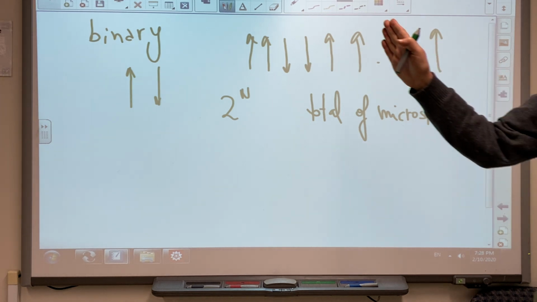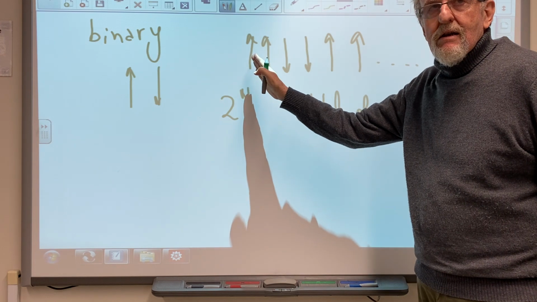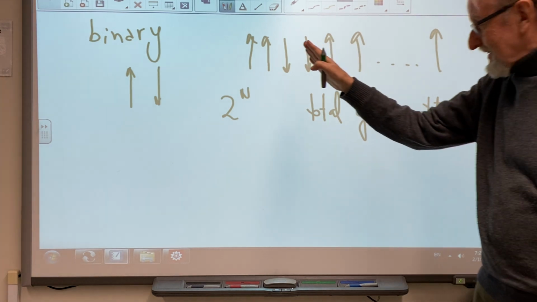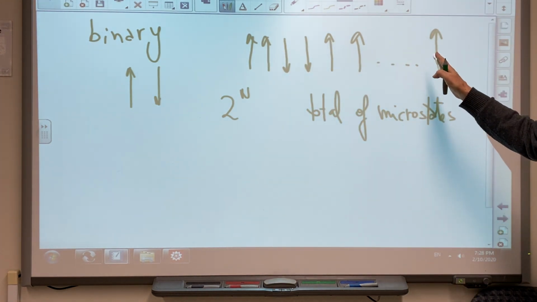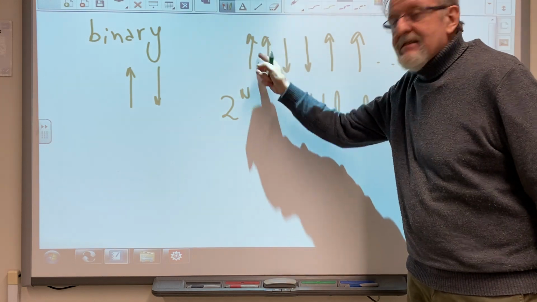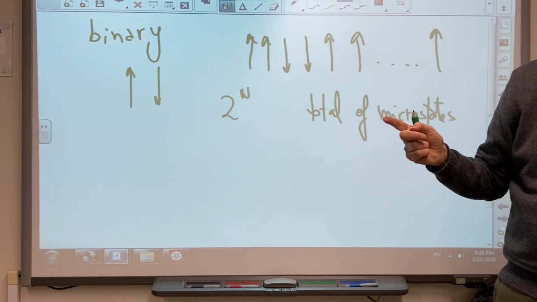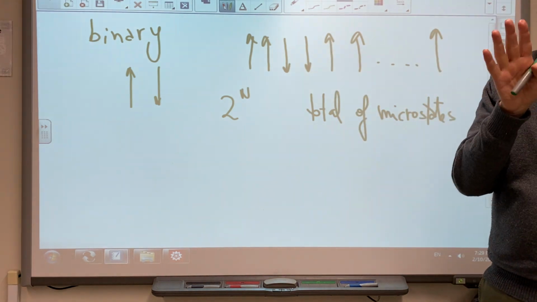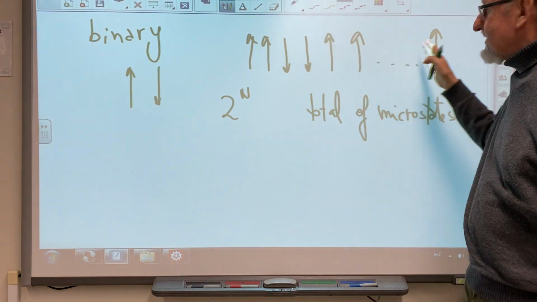Yes, they are absolutely distinguishable. The first particle is here, but I know what your question is implying, and you will get an answer. But here, when I have a microstate, yes, this first arrow can be either a plus or a minus. If this one is minus and this one is plus, that's a different state. So each one is given by these arrows.